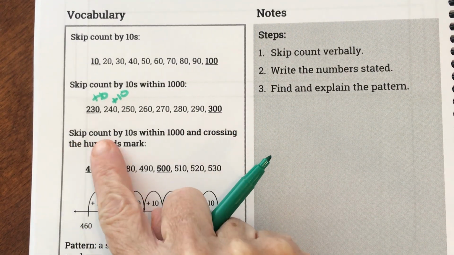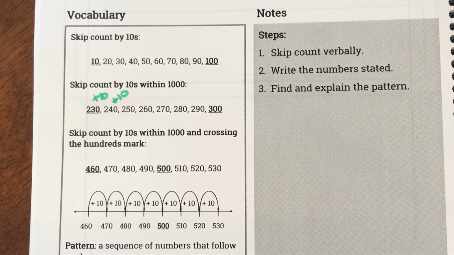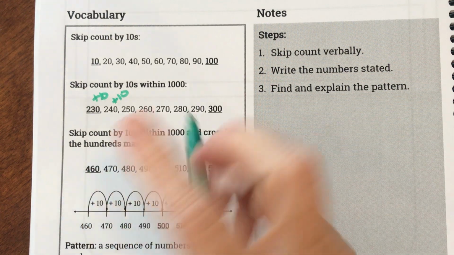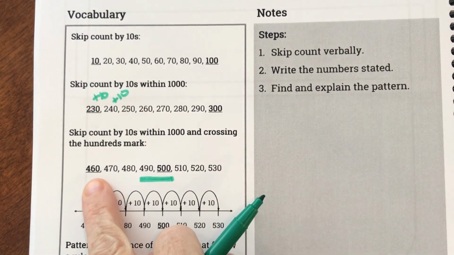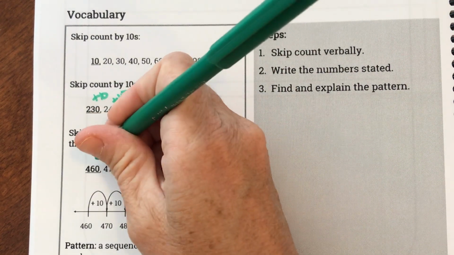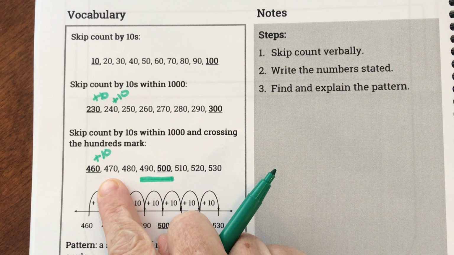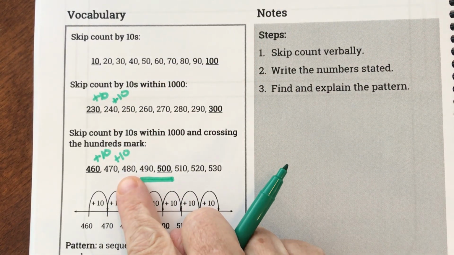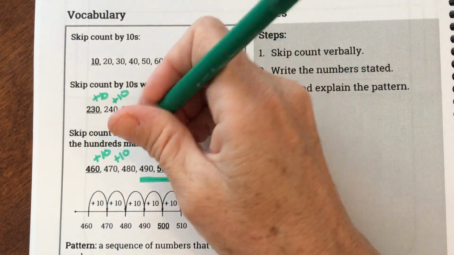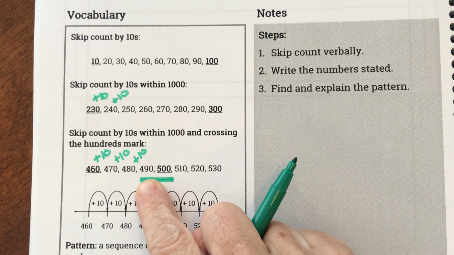Okay, here it says skip count by tens within 1,000 and crossing the hundreds mark. So if you notice what they're talking about right here, let's underline that part. It says 460 plus 10 gives me 470. 470 plus 10 gives me 480. 480 plus 10 gives me 490.